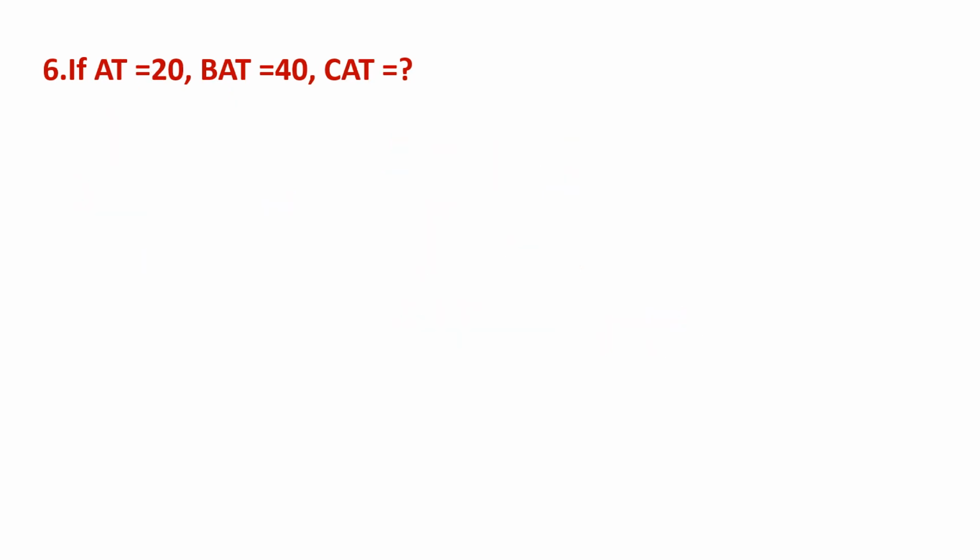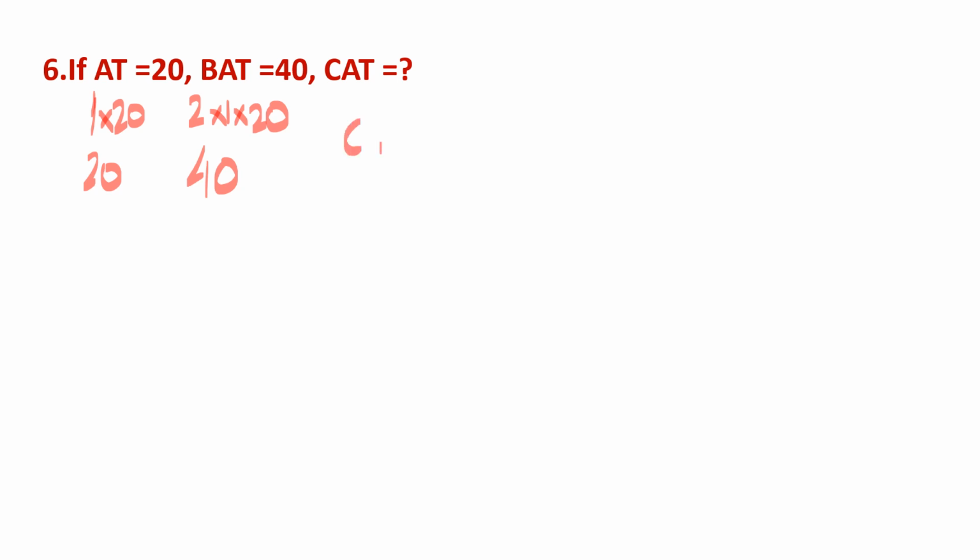Going for question number 6. If BAT is equal to 40, A is 1, T is 20. A, T: 1 into 20 is 20. B is 2, A is 1, T is 20, 2 into 1 into 20 is 40.